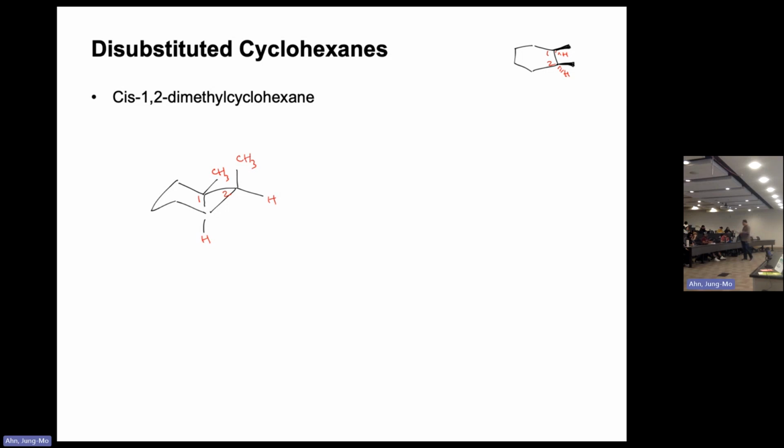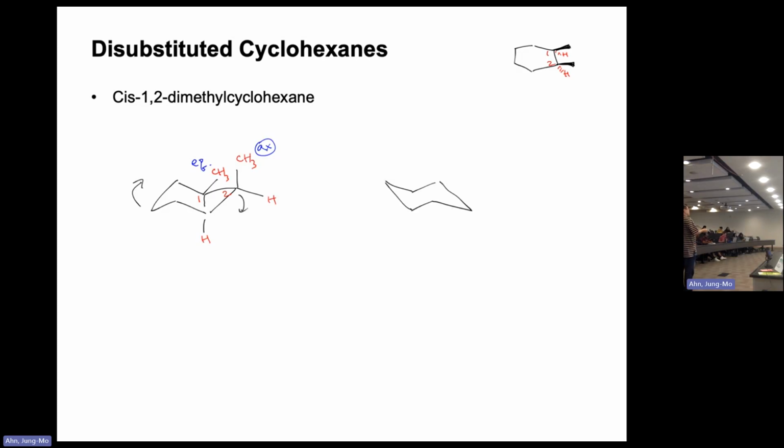So that's what you need to do to draw the chair conformation first. When you've drawn one chair, you do the other chair by flipping the corner, right? That's chair interconversion. How to convert the chair? One corner goes up, the other corner goes down. That's how it's going to happen.